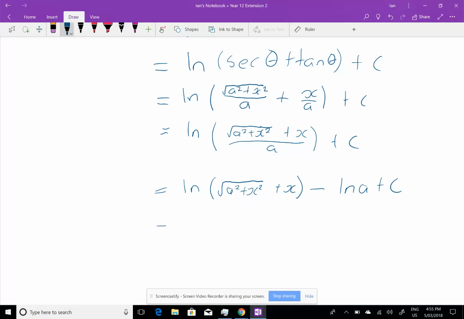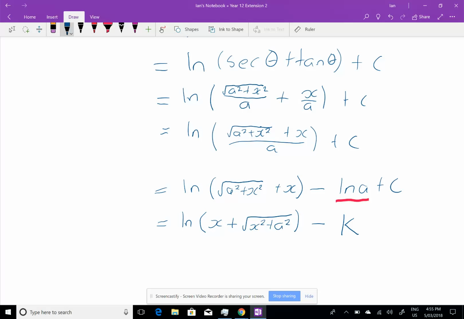And we'll just write that the way that Patel does, which is, he likes to put the x's first, x plus root x squared plus a squared, minus ln a. Now, that is just a constant. So we'll call this k. We can call it C2 if you want. And there we go. There's the first example.